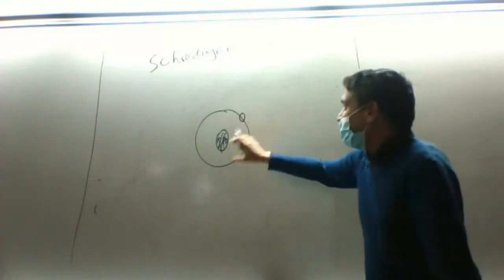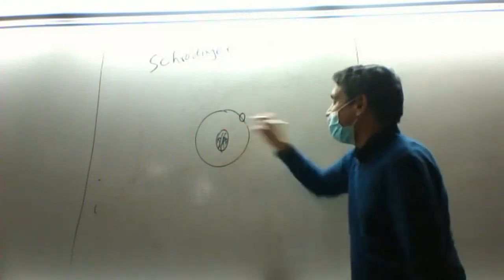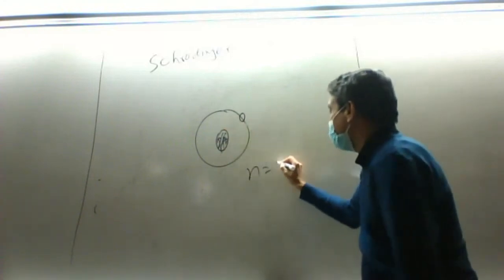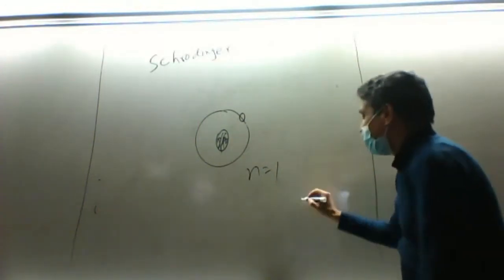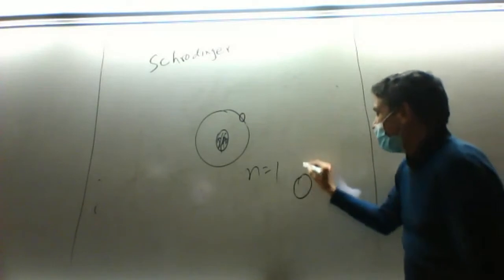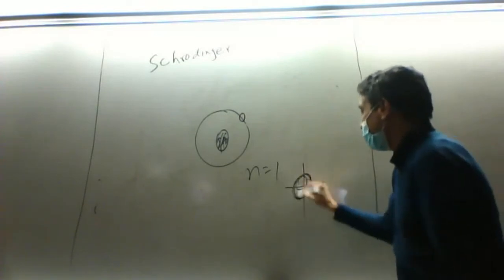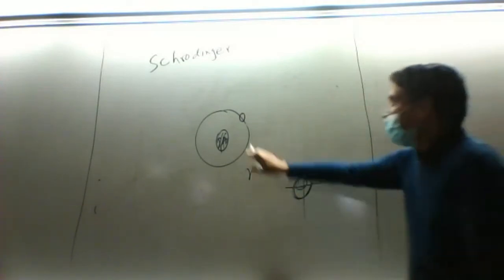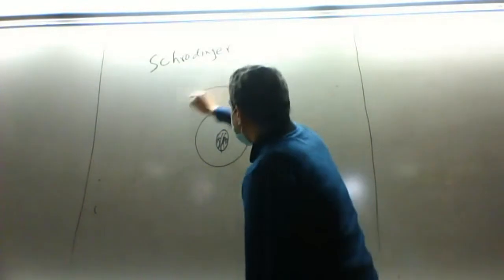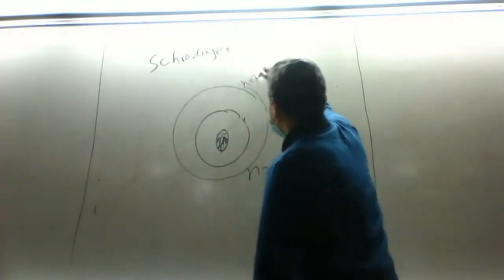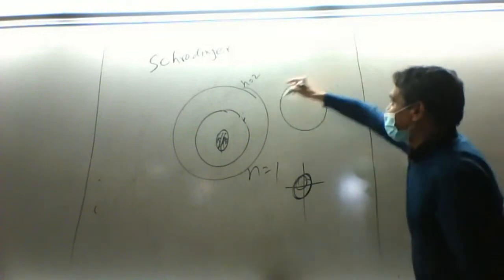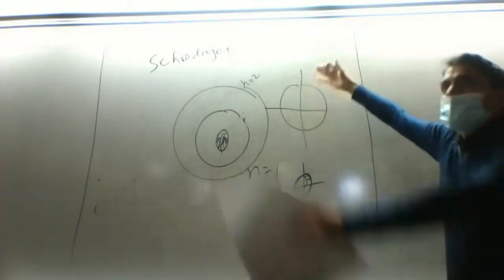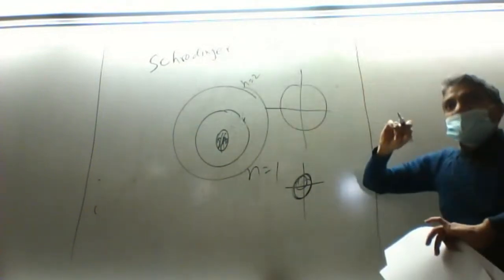If you solve the Schrodinger equation for this first orbit, that is n equals 1, the S orbital you get is pretty small. So the sphere looks pretty small. But if you solve the Schrodinger equation for the second orbit, n equals 2, you get an S orbital that looks big.